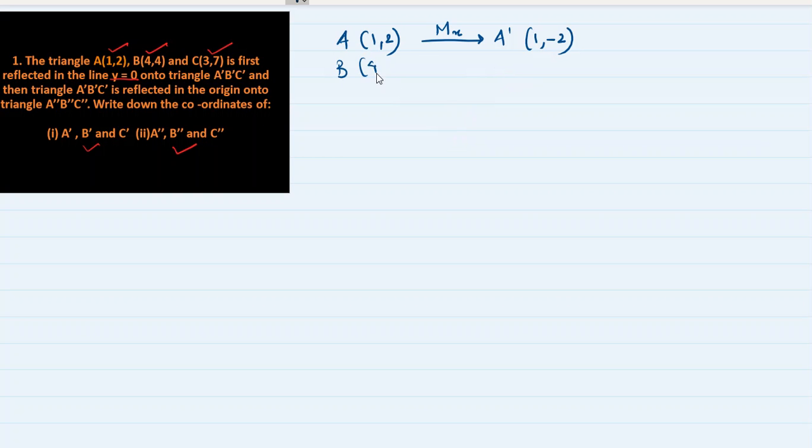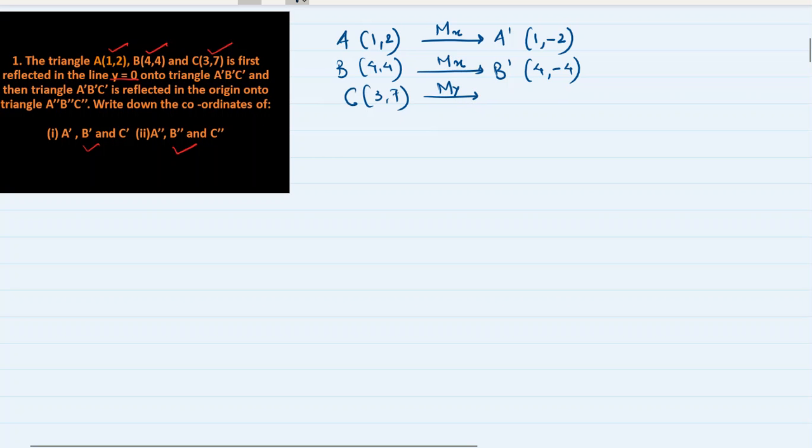B, which is (4, 4), when reflected in the x-axis becomes B dash, which is (4, -4). C, which is (3, 7), when reflected in the x-axis becomes C dash, which is (3, -7).